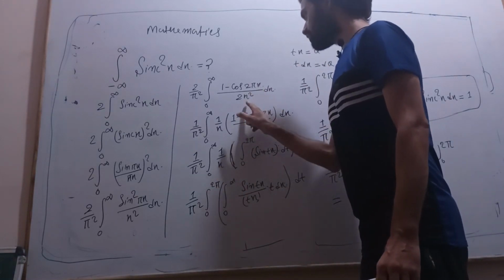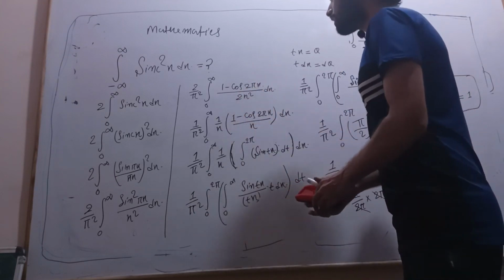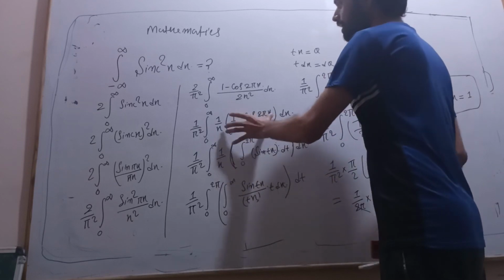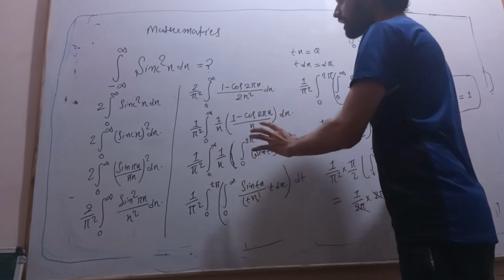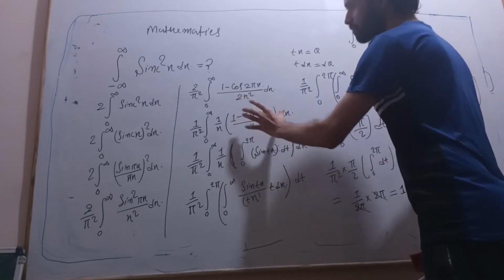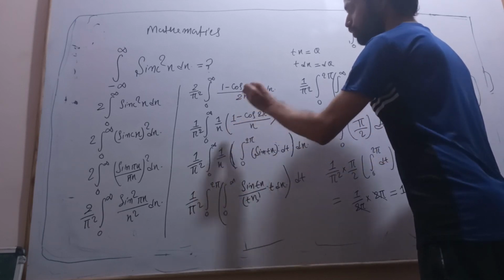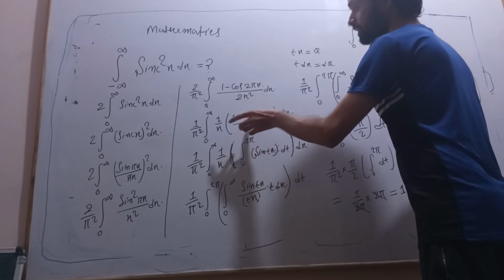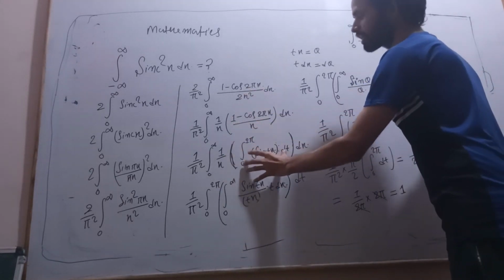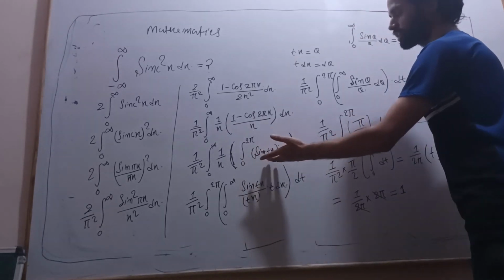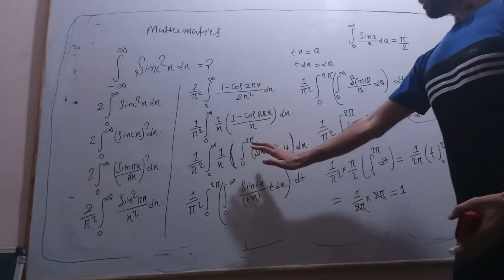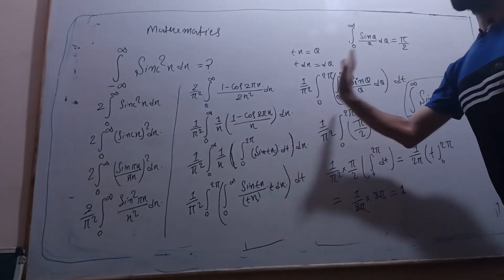Wherever this type of factor comes, just take 1 by x outside and take the other part as it is inside, and think: what should be the integration for this? Think in reverse and after that put that integration here. This is the only process to do this type of problem.